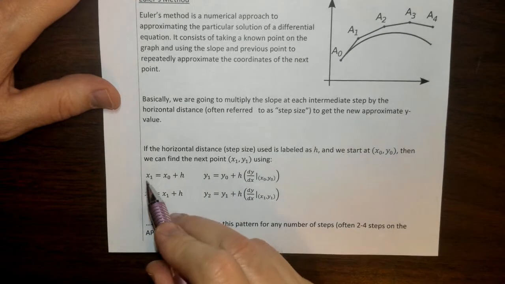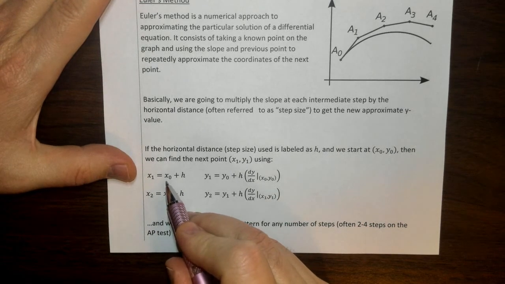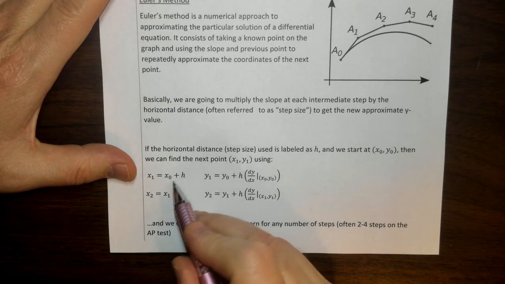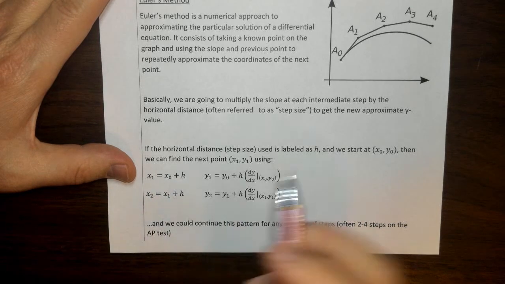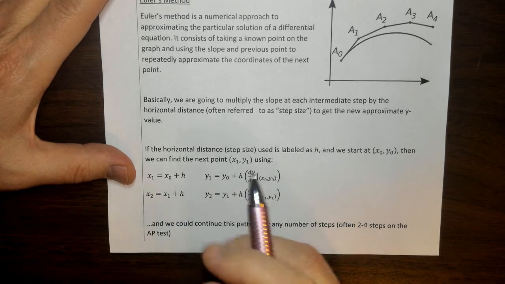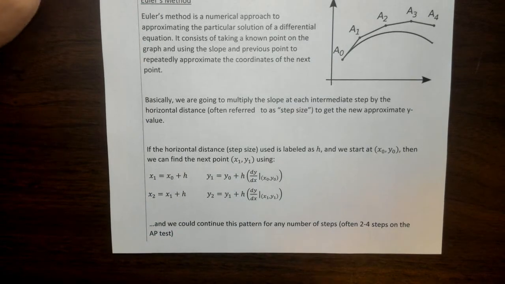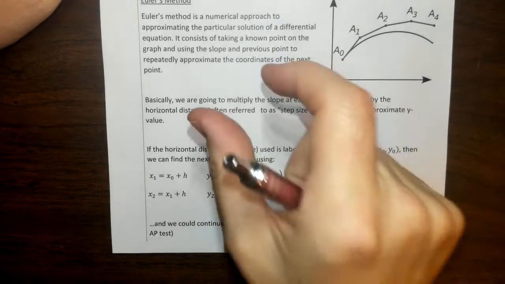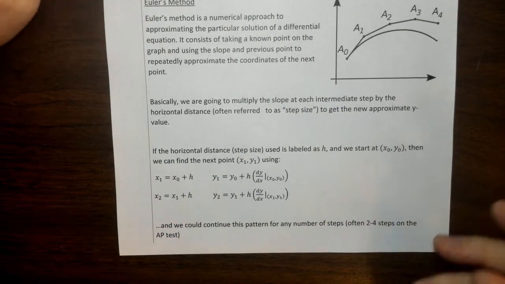To get x sub 1, we take that original x value and add that step size to it. So the x's are really easy, because each time I just need to add that step size. It's like that delta x concept when we're working with Riemann sums and a lot of other things we've done, but that consistent delta x, or h in this case, is the way I've labeled it.